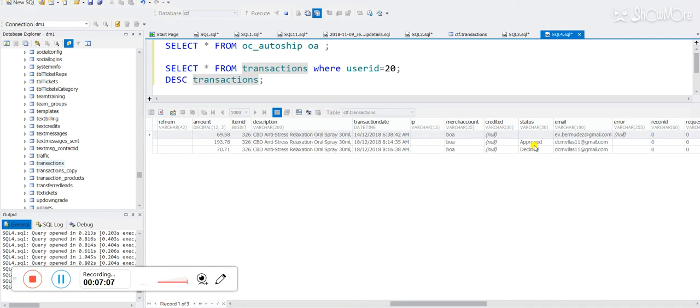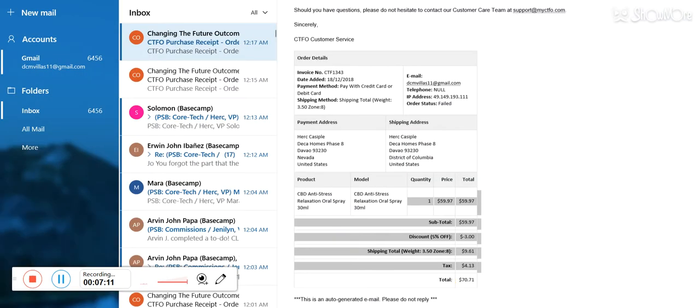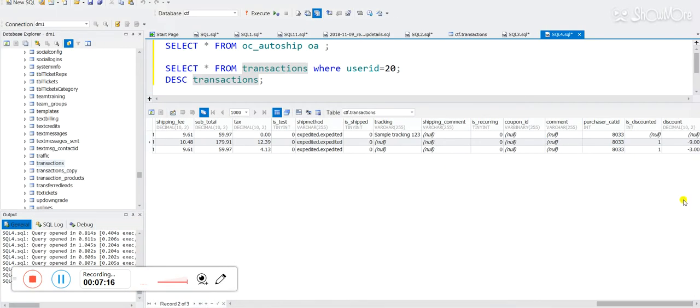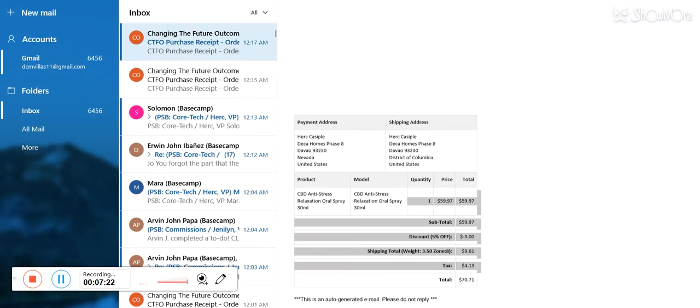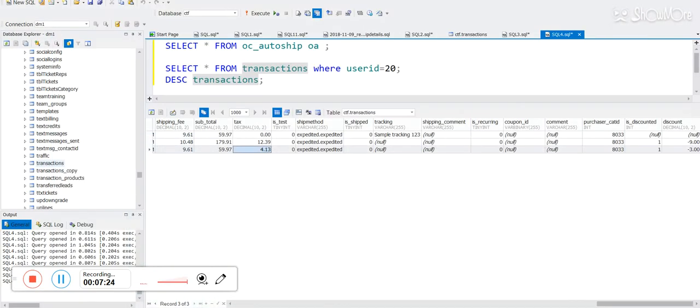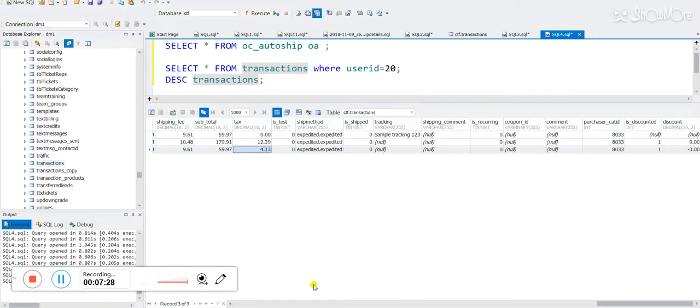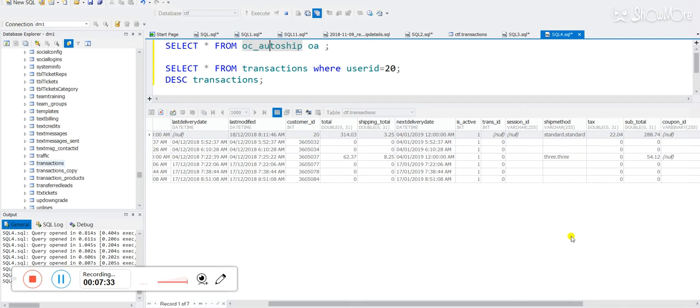Status is declined, amount charged is 70.71, which is correct, and is discounted since that has a discount, and then tax is 4.13, shipping is 9.61, subtotal 59.97, so that is correct.